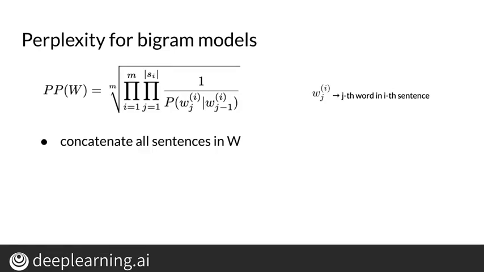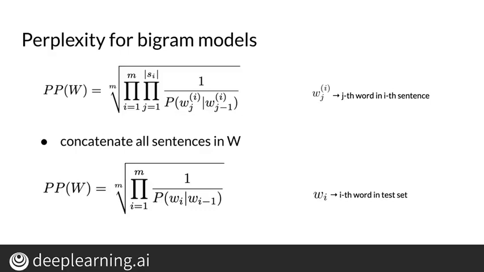One thing to notice here is that in the case of the same probability for different test sets, the bigger the set m is, the lower the final perplexity is going to be. If all sentences in the test set are concatenated, the formula can be simplified to the product of probabilities of bigrams in the entire set. One other thing to note is that some papers use log perplexity instead of perplexity.